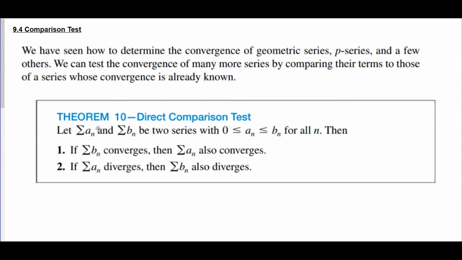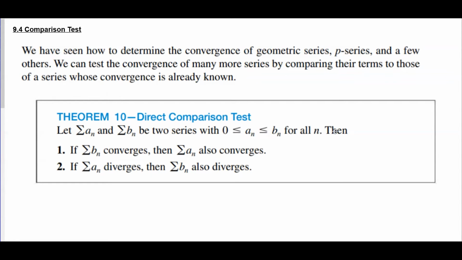So theorem 10 says let this sum and this sum be two series where the sequence a sub n is stuck between 0 and b sub n. So the terms of the sequence are always between 0 and the other sequence b sub n for all n.